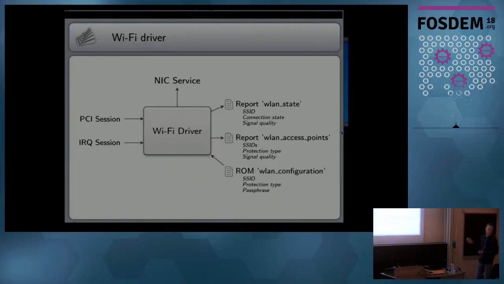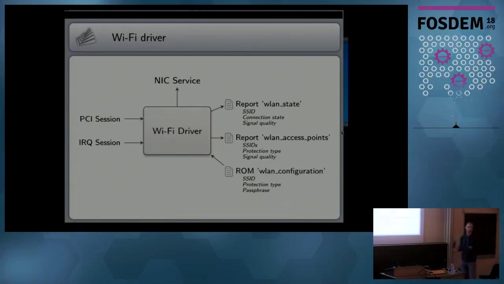some ROM module that you get in, and this ROM module contains, at the beginning, the WLAN that you want to connect to, or it contains nothing. It can be empty too. So the Wi-Fi driver then scans, of course, the WLANs that are available, and it provides to you a report.